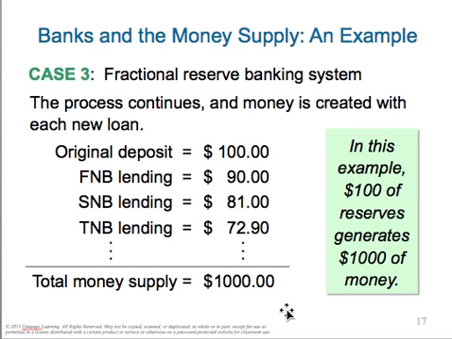And then we get to a point where we had started with $100 in the total money supply. The effect of the total money supply, if that makes you more comfortable, is $1,000. In this example, $100 of reserves generates $1,000 in money because we have continuous loans. Banks are making money on the interest. The ideal situation is those that are borrowing, invest in their business, and find ways to make new money.